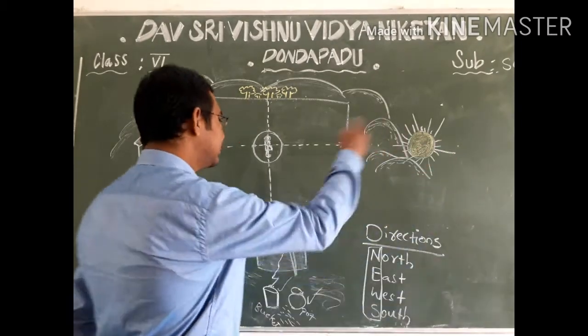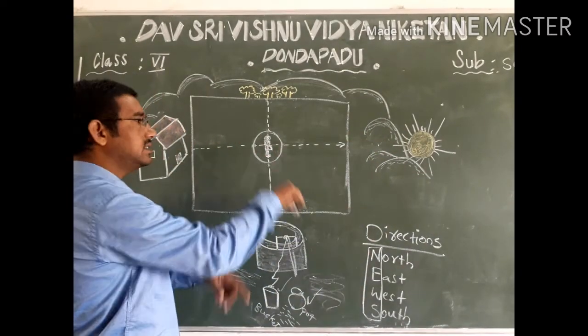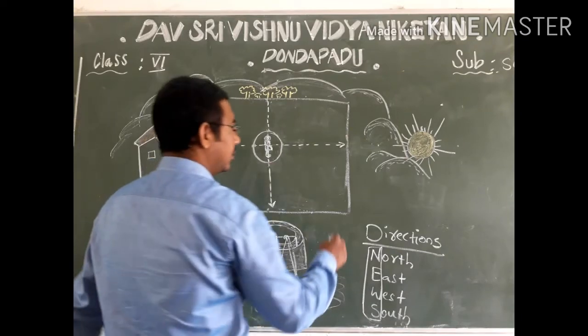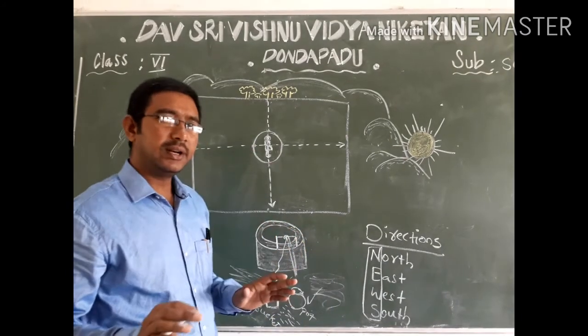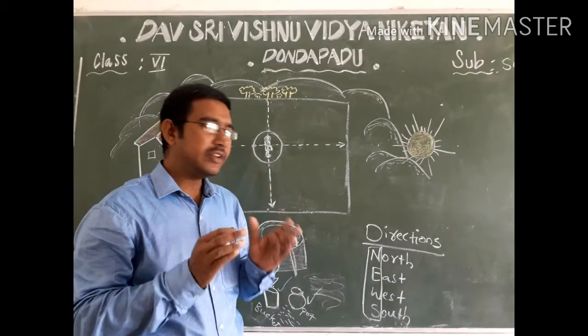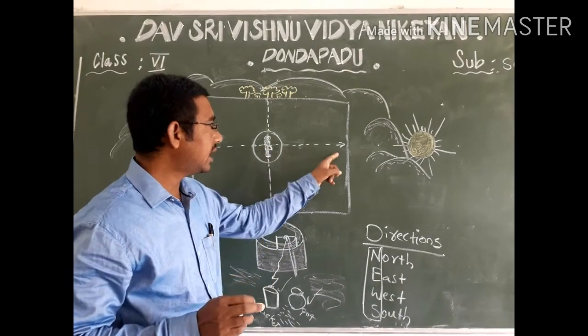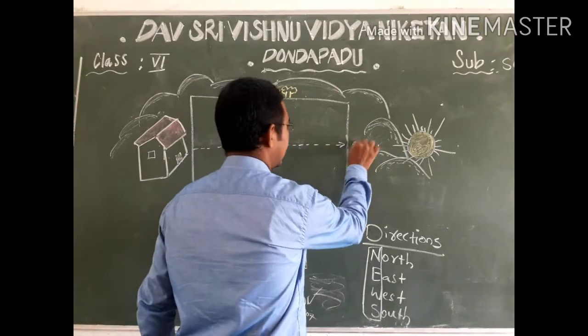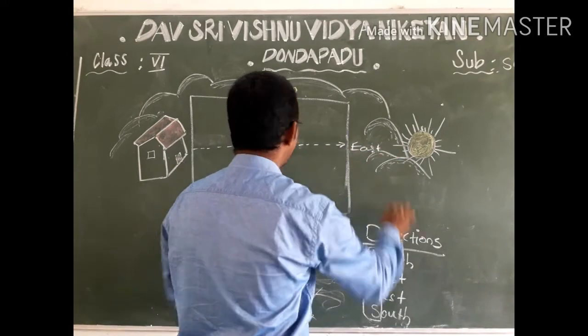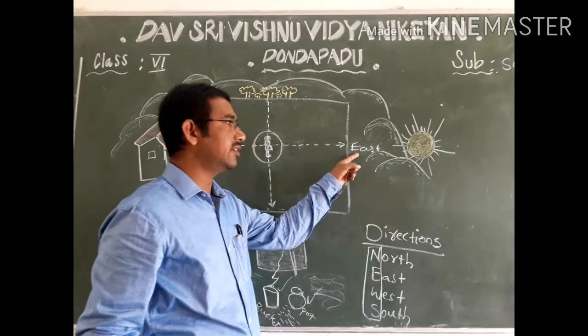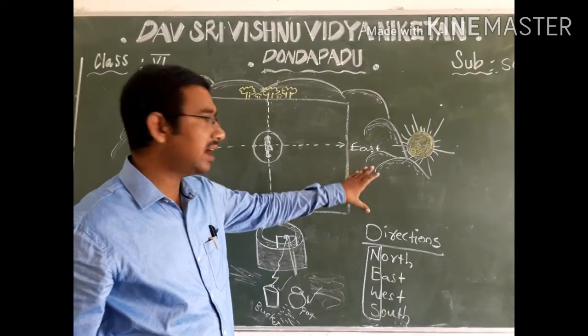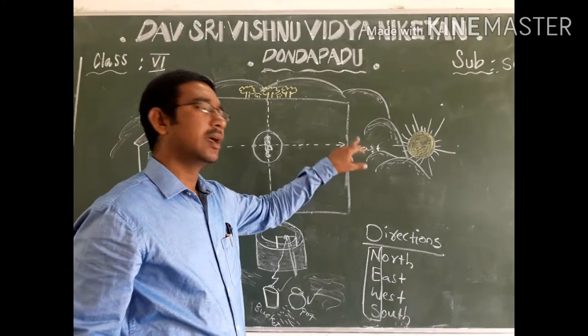So let me discuss these directions in this picture. When we stand towards this side, that is the east. So how can we decide this is the east?